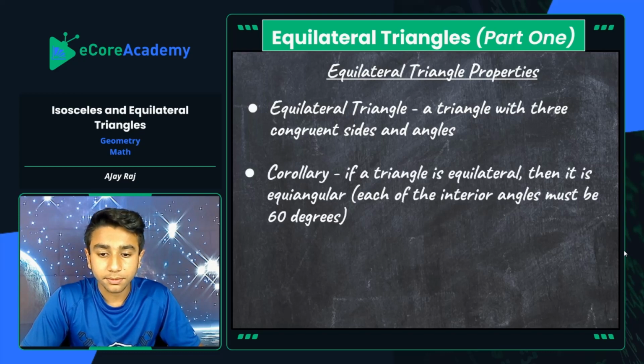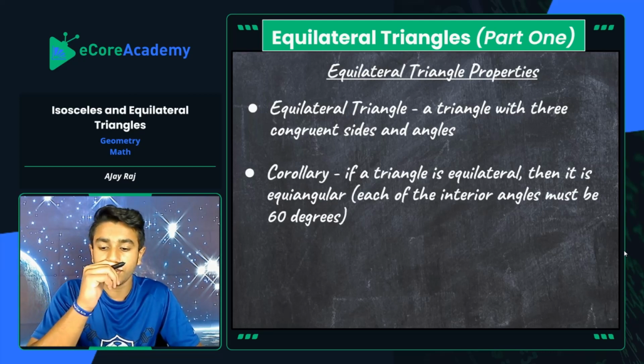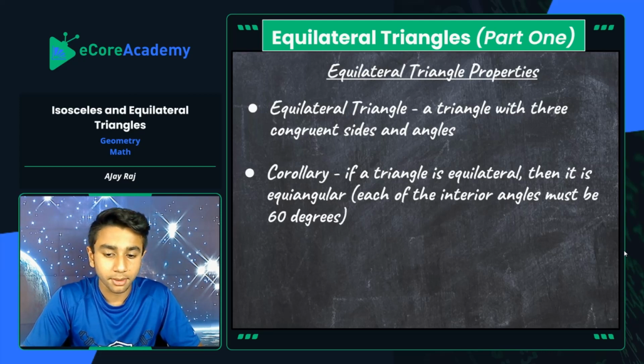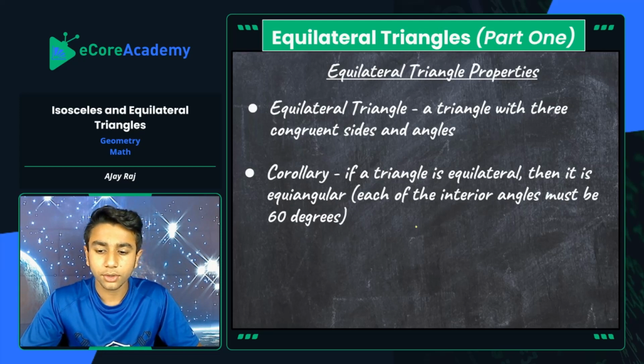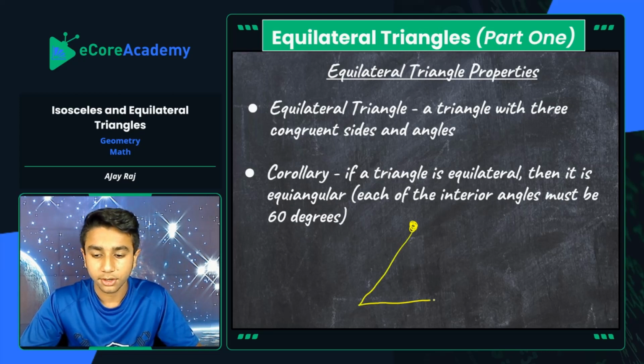Because of that, the corollary, meaning a specified situation with equilateral triangles, states that if a triangle is equilateral, then it is equiangular, meaning all three interior angles are equivalent, and each of the interior angles must be 60 degrees. So all that's saying is an equilateral triangle must automatically have three 60-degree angles and all equivalent side lengths. I'll just draw that out here.